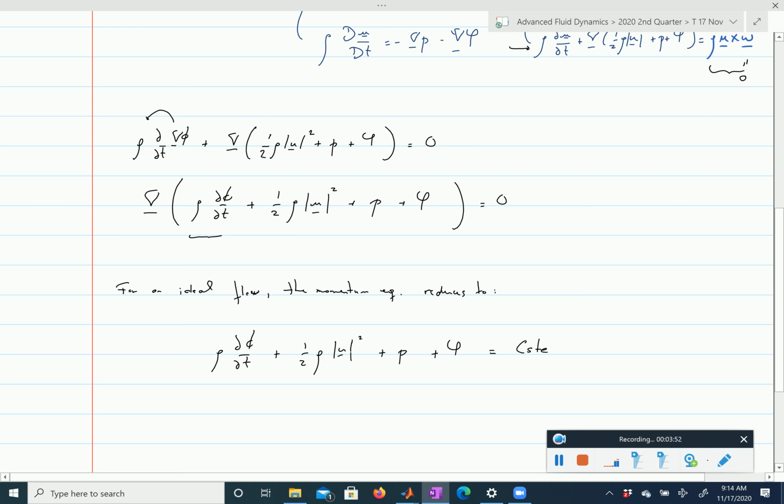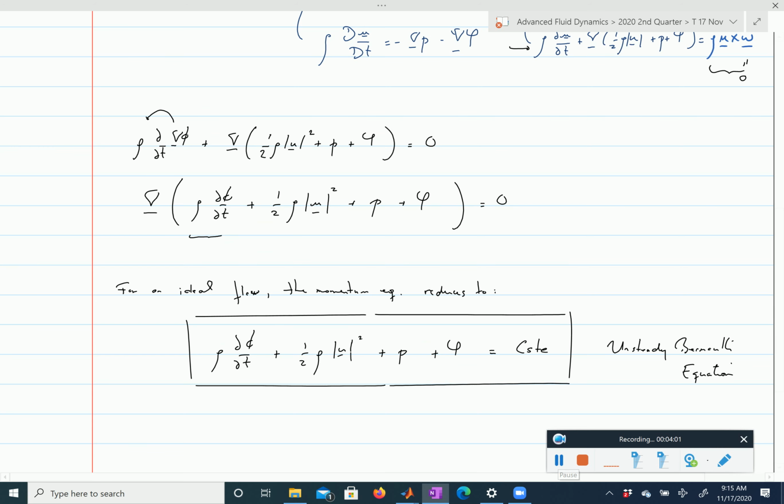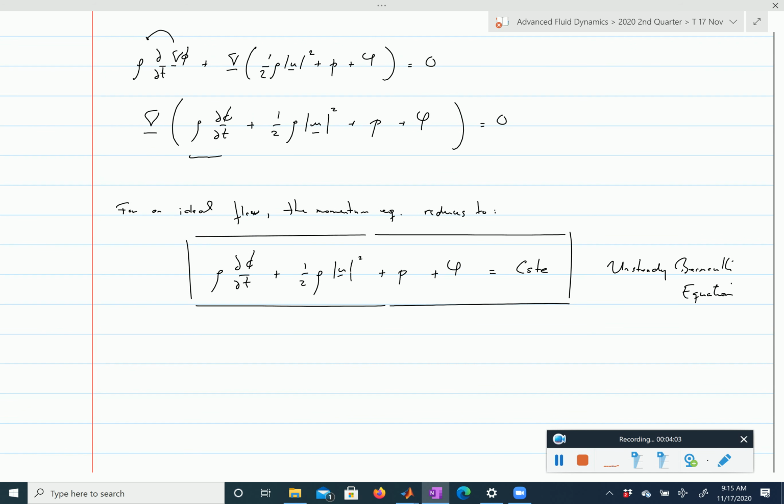This is called the unsteady Bernoulli equation. And note that when we integrated here, this is only a spatial derivative, so this constant might be a function of time, but it is in any case independent of space. So this is really just a constant.